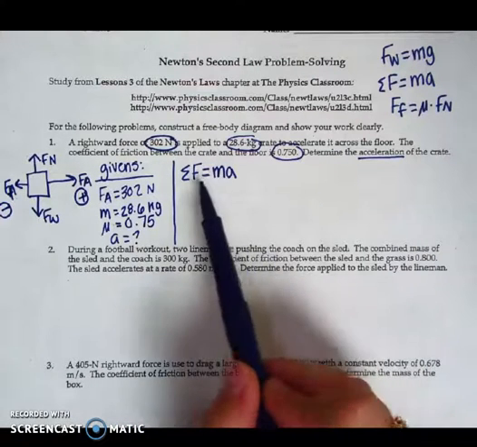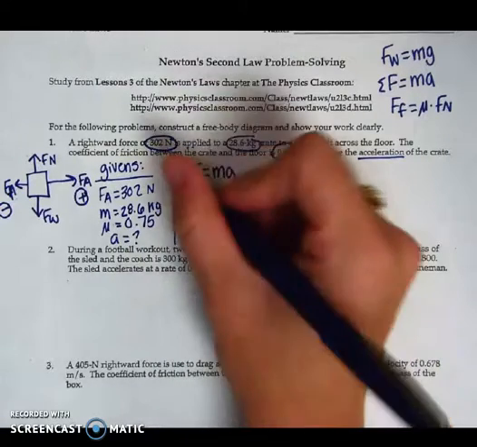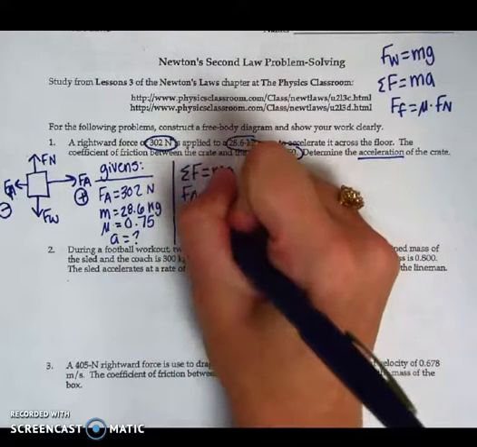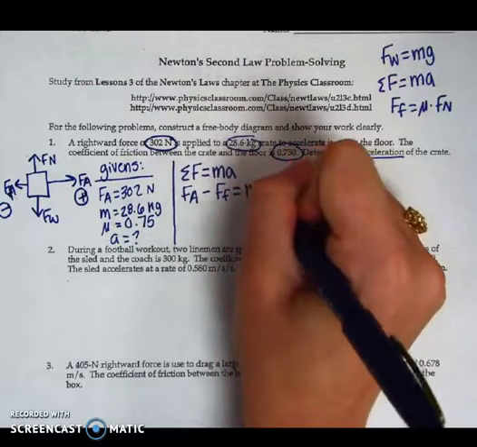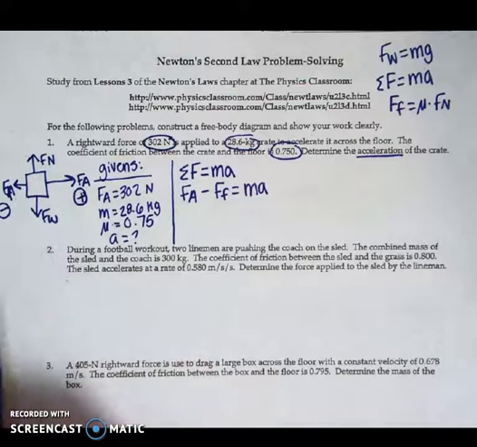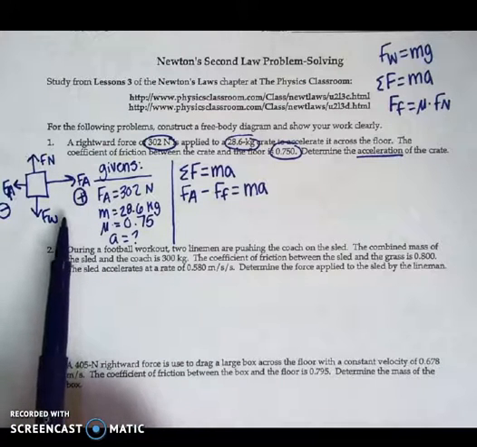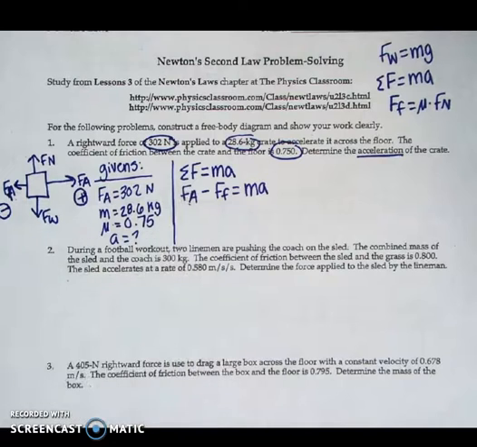So then to substitute in this weird squiggly sigma, which means sum of forces, we just write our positive force minus our negative force, and we just set it equal to MA. So all I'm doing is taking my unbalanced forces off of my free body diagram after I assign direction, and I'm just plugging them in for the sum of forces, or that sigma F. And then from here, we can solve for acceleration.